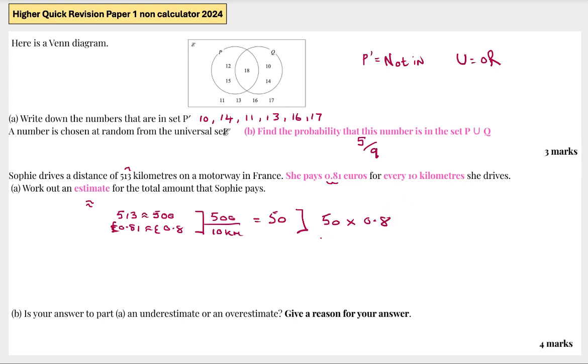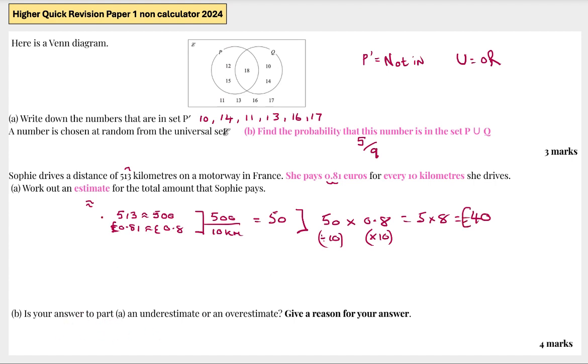I'm going to divide this by 10, and I'm going to times this by 10 to sort out the decimals, and we've now got 5 times 8 equals 40. So we now know that the total amount she pays is estimated at 40 euro.